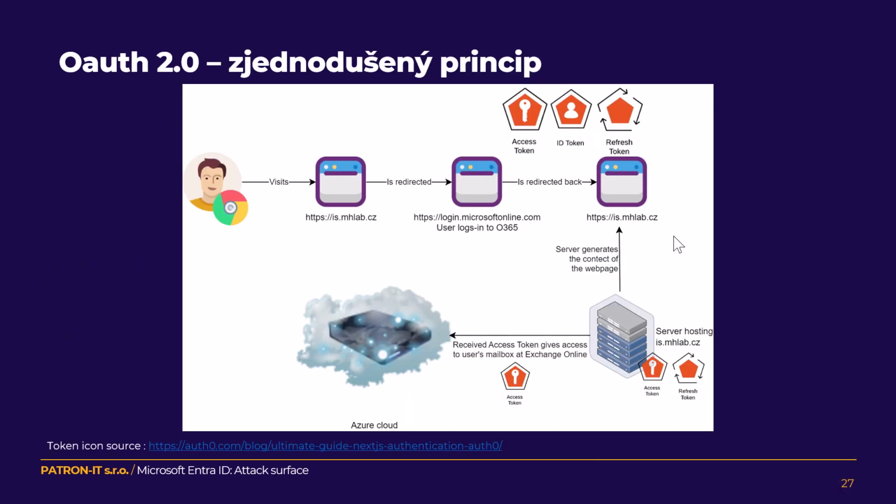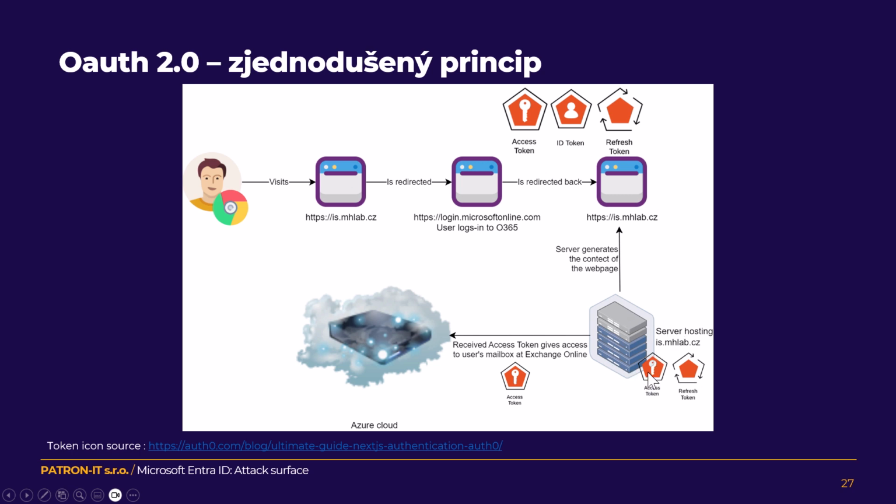The user visits the information system. The information system redirects the user to Office 365, the user authenticates, or if already authenticated, is immediately redirected back to the information system. In this case, the user is provided not just with an ID token, but with an access and a refresh token as well. These tokens are received by the server hosting the information system.